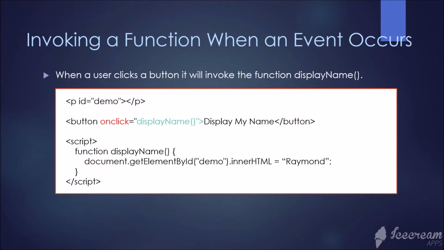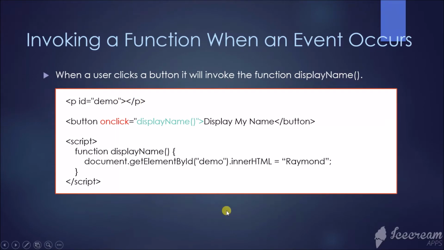This is an HTML event, which will be handled by the JavaScript event part. Now what happens here is, once this button is clicked, it will call this function. So it goes here and executes this statement. Once it is executed, the Raymond string will be displayed in this element.